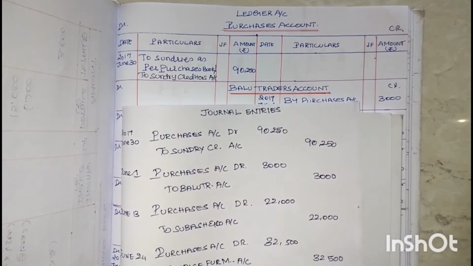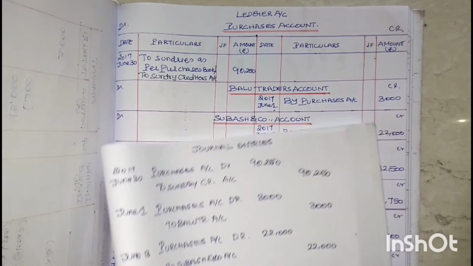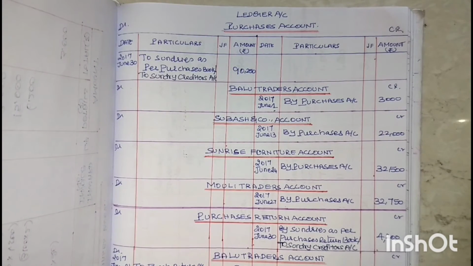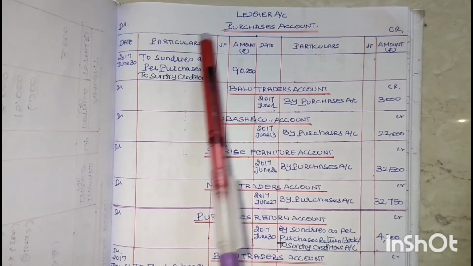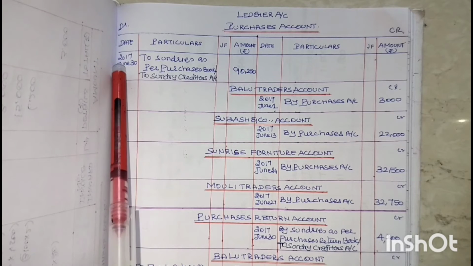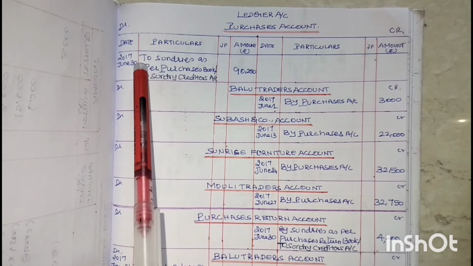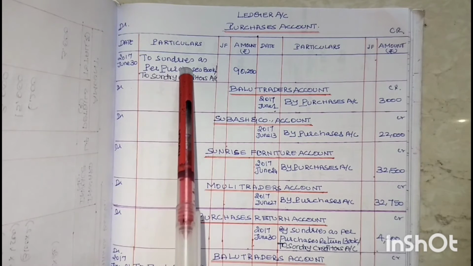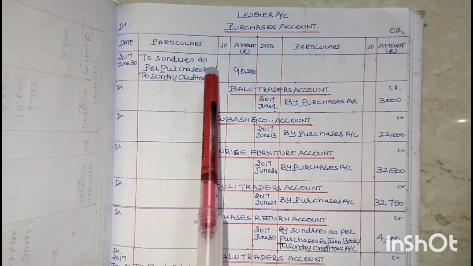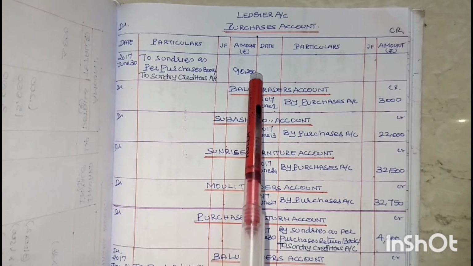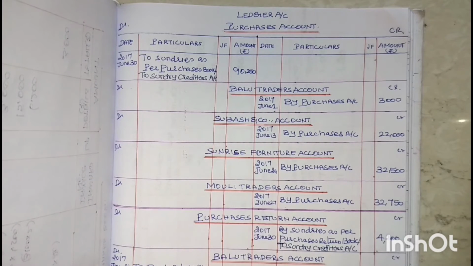The journal entry is Purchases Account Dr. to Sundry Creditors Account 90,250. Purchases account has the debit side. So we go to the debit side, dated June 30, 2017: To Sundry Creditors Account 90,250, as per the purchases book. So we posted the purchases account.